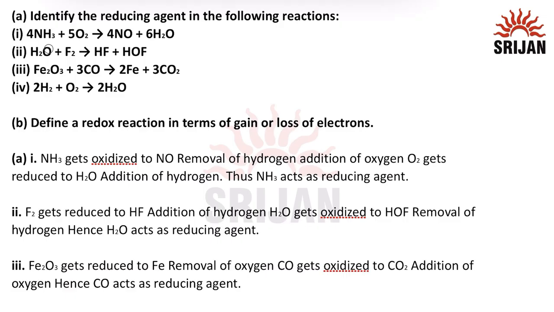What's happening with H2O? H2O is losing one hydrogen and getting one fluorine. What does losing hydrogen mean? Getting hydrogen means reduction. Losing hydrogen means oxidation. That means this is getting oxidized. Which gets oxidized? The reducing agent. So water here is the reducing agent.